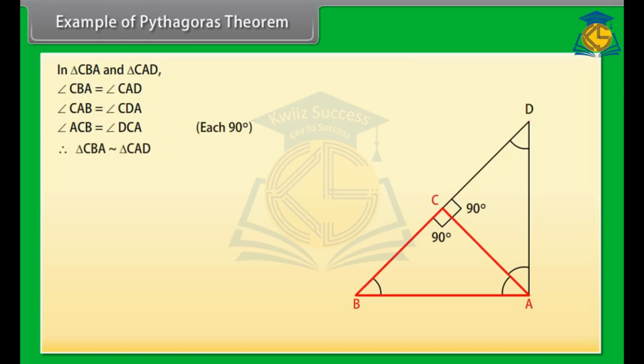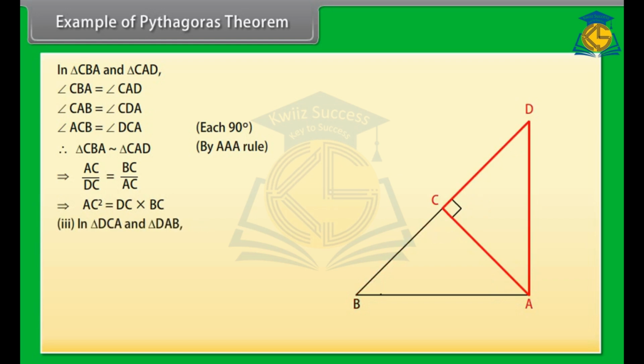Therefore, triangle CBA is similar to triangle CAD by AAA rule, which implies AC upon DC equals BC upon AC, which implies AC square equals DC into BC.